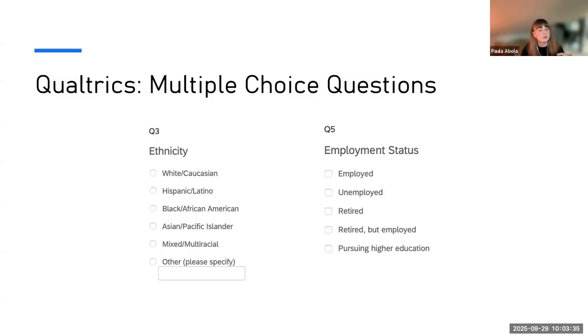So this is important for some of your questions to think about if you can allow these multiple responses in a multiple choice question, or you want to limit that to one. So it is important at the stage when you're developing your survey to think about if you are responding, is it important that they can only choose one option, or maybe they can choose more than one option, as in this employment status case.